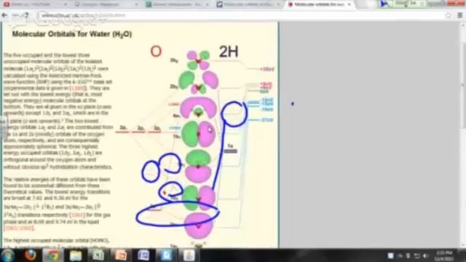You have contributions from the 2s orbital of oxygen, and then contributions from the 1s orbitals of the hydrogen. Then you have the 1B2, and so on. So these are the molecular orbitals of water.